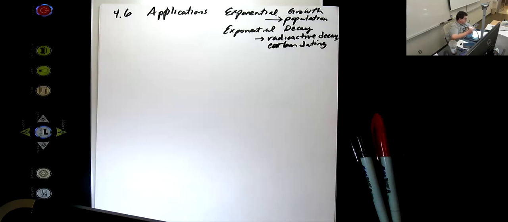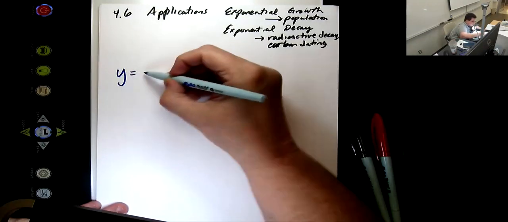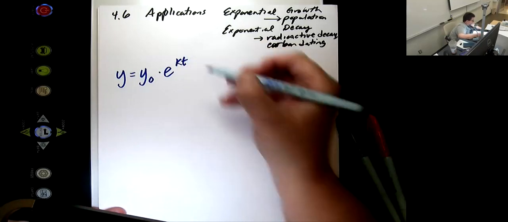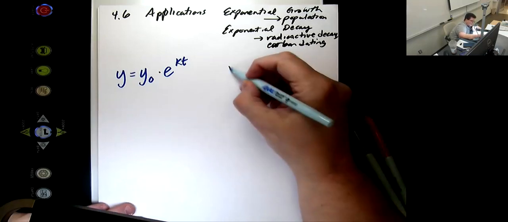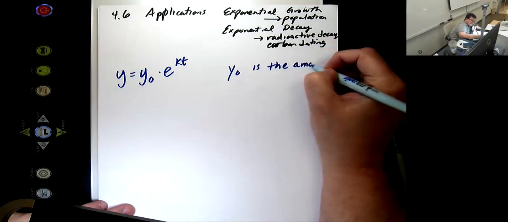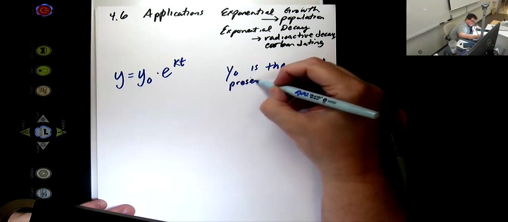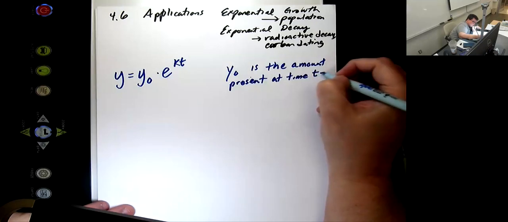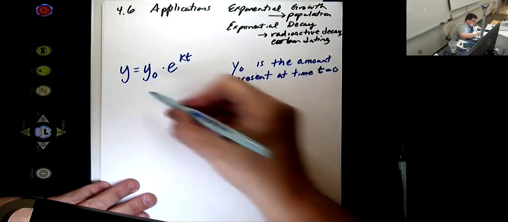The basic setup for this is y equals y naught times e to the kt. y naught is the amount present at time t equals 0. So t is time, y naught is the initial value.